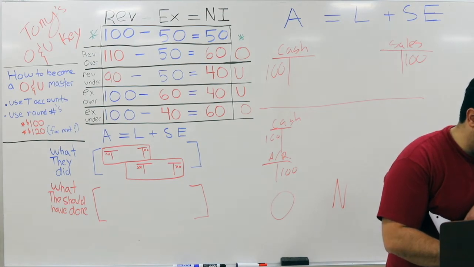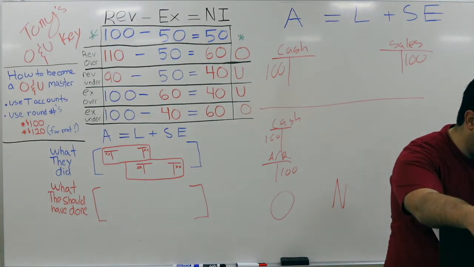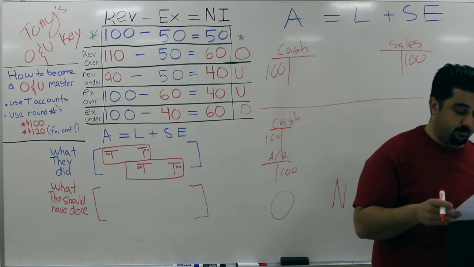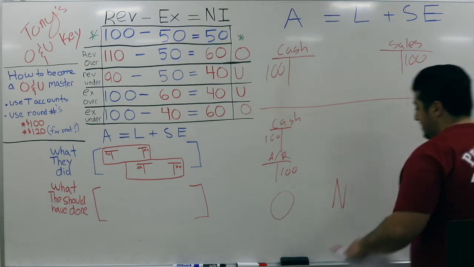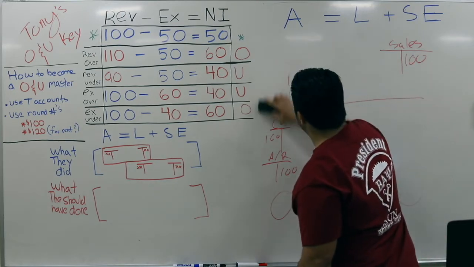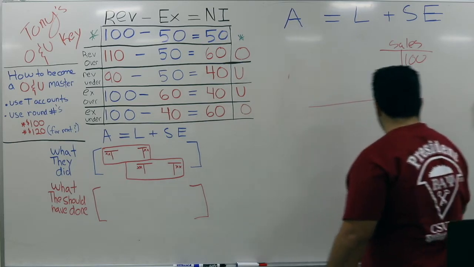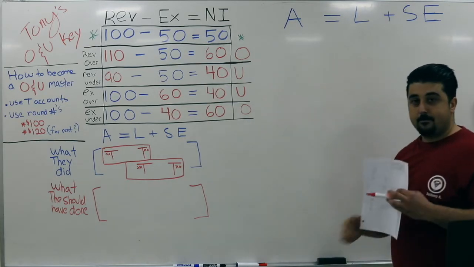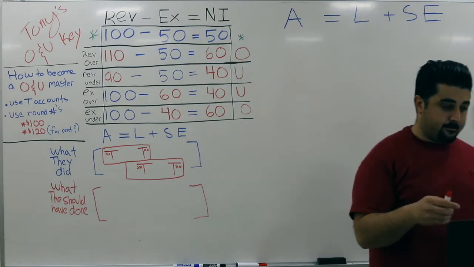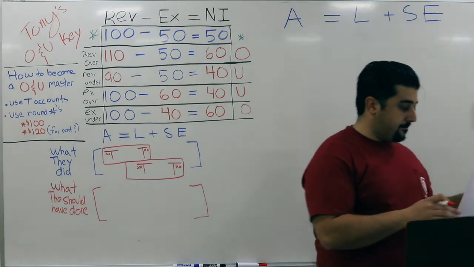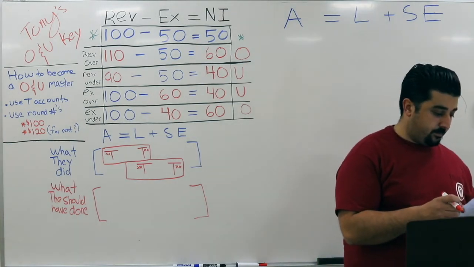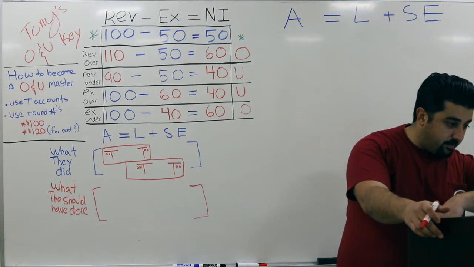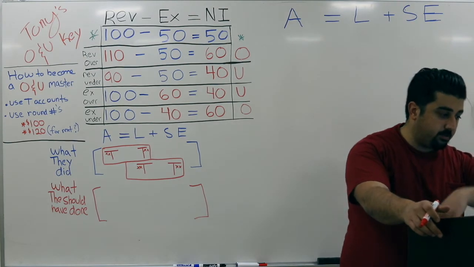Question number 4. Recorded a credit sale as a debit to cash and a credit to sales. You recorded a credit sale as a debit to cash and a credit to sales.